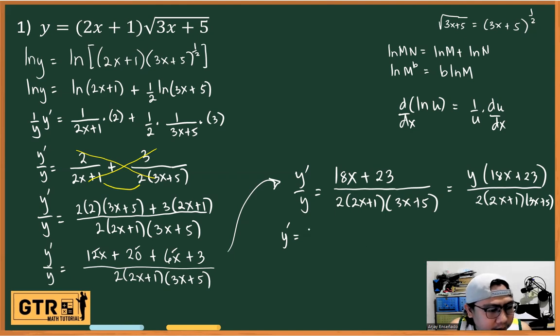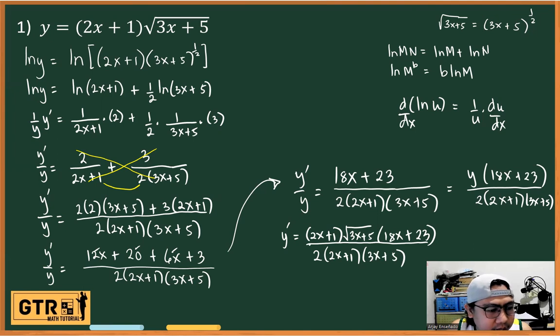So therefore we have 2x plus 1 times square root of 3x plus 5, or that is the same as 3x plus 5 raised to 1/2. Then we have 18x plus 23 all divided by 2 times 2x plus 1 and then 3x plus 5.